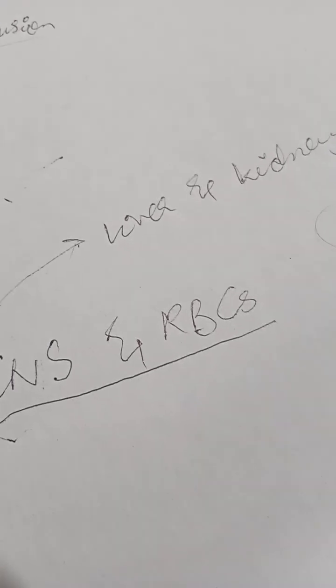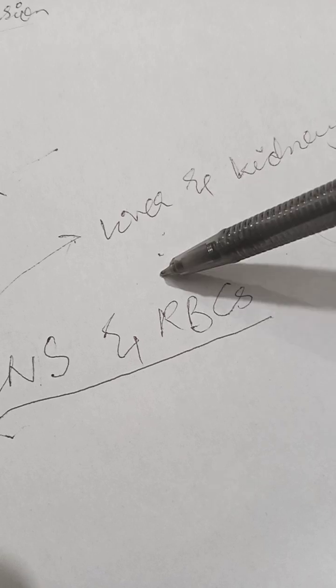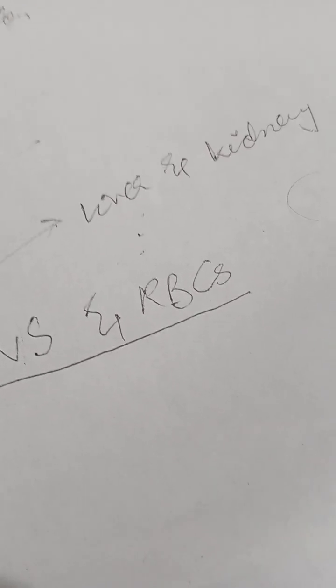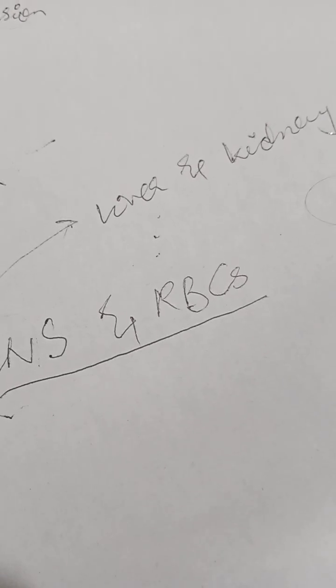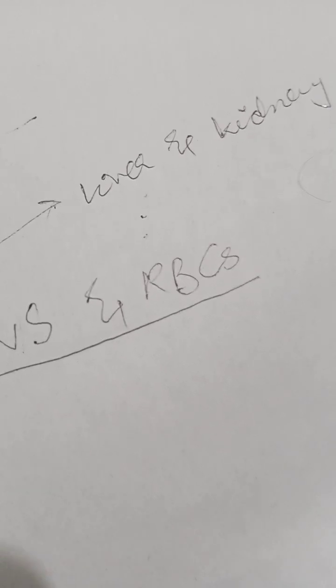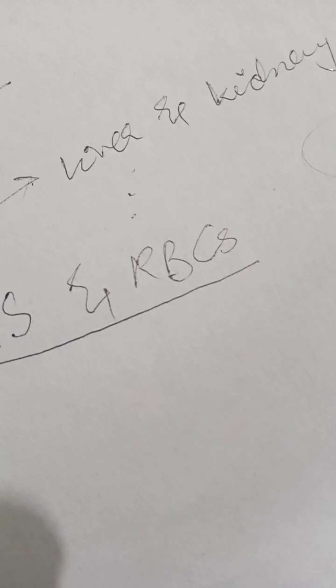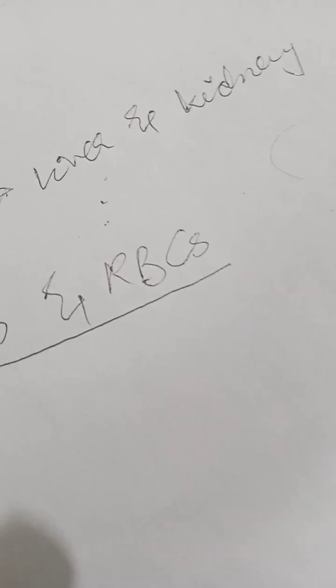There is a lot of absorption of glucose in the liver, and some of that glucose goes into the bloodstream. So it is a two-way transporter, it absorbs glucose and it releases glucose at the same time. The same is the case with the kidney. Through the glomerular filtrate, it absorbs glucose and releases glucose at the same time.